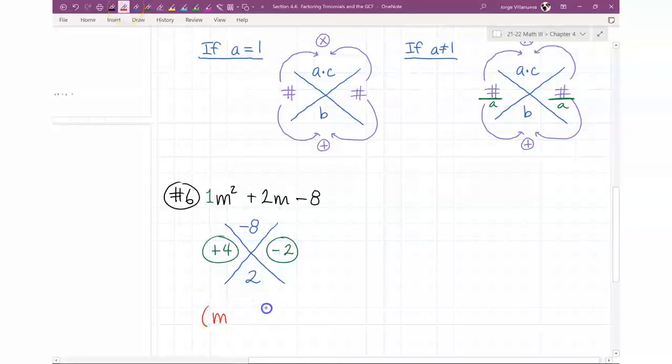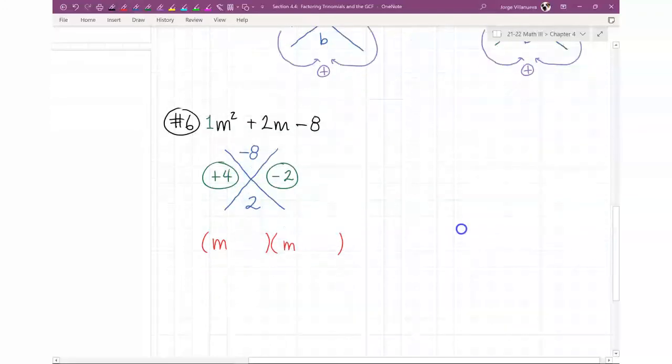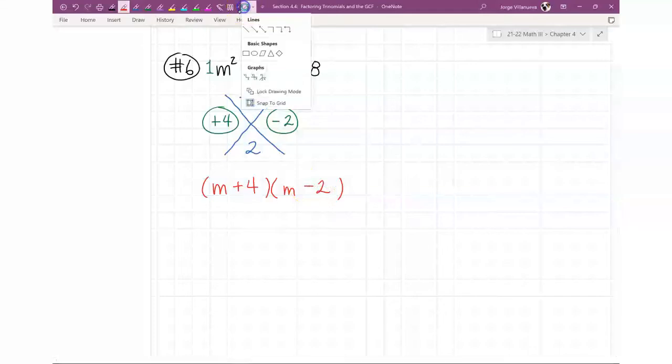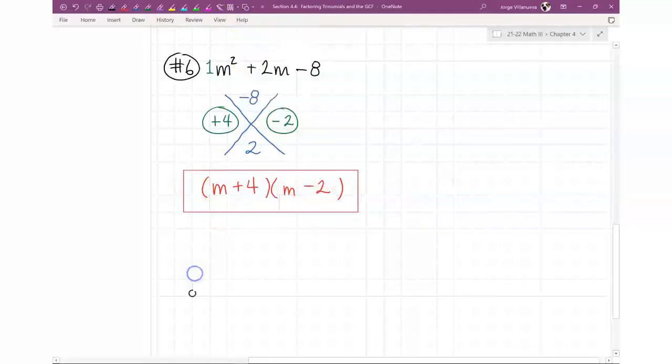The letter that we're using is an m. So I'm going to do that. And then notice how one said plus 4, so I'm going to put plus 4. The other one said minus 2, so I'm going to put minus 2. And we're done. That is the factor of m squared plus 2m minus 8.